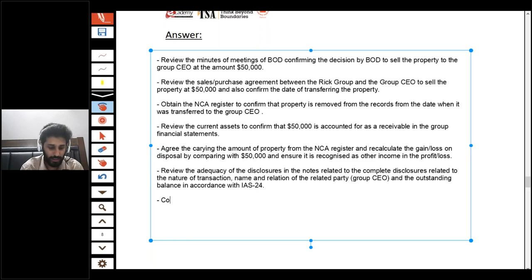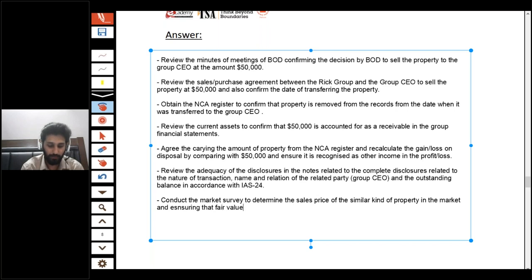So you will conduct the market survey to determine the sales price of similar kind of property in the market and ensuring that fair value of the property is reasonably estimated.